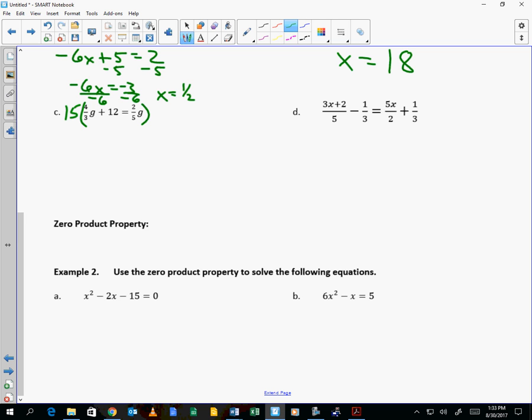All right, so 15 divided by 3 is 5, times 4 is 20. So we have 20g. 15 times 12, well, 15 times 6 is 90, and then doubled would be 180. So 180.